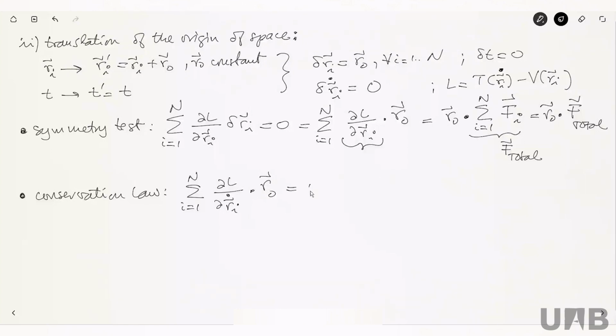This now has to be a constant. That's what Noether's theorem says, that this has to be a constant. Now, what is this? What is the derivative of L with respect to R dot for each particle i?